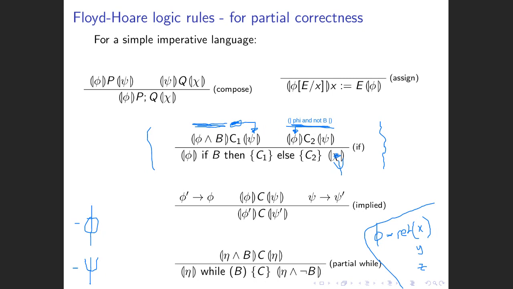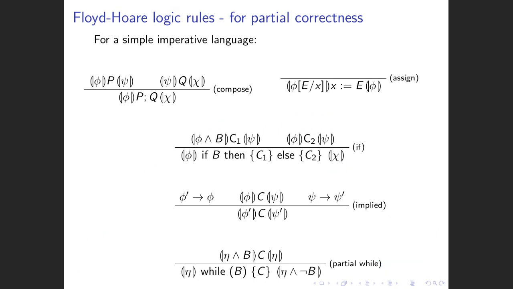It's just saying that if something happened to be the case before we do all this, if X is red at the start, then you will end up with psi if these other two observations hold.